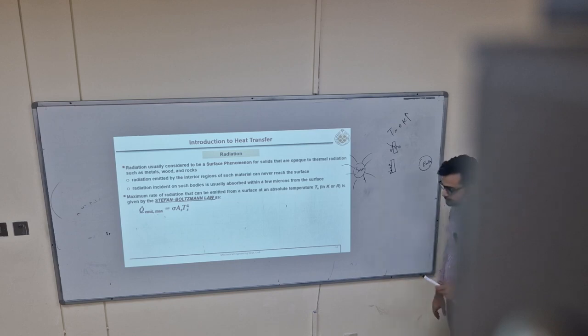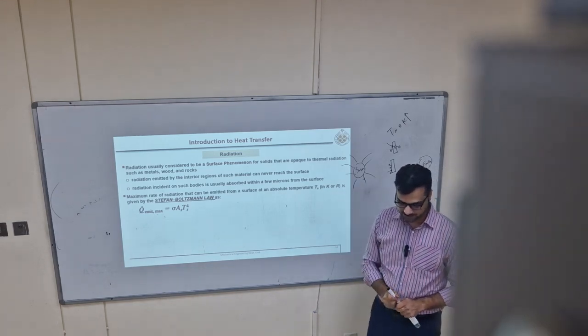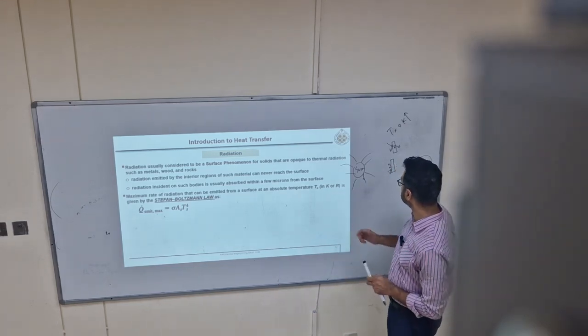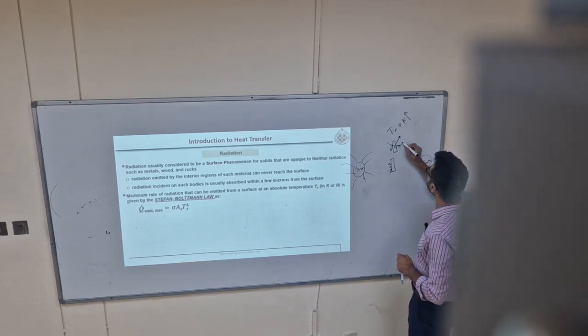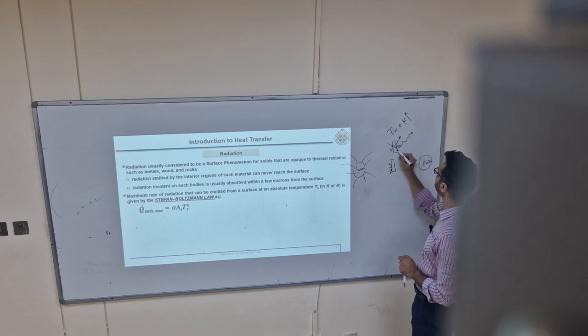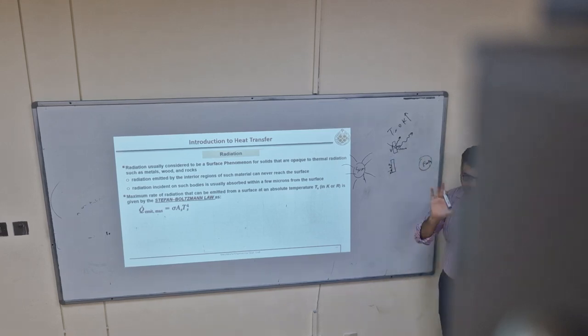And this law is simply written in this form. Actually, it is derived after doing all those integrations over all wavelengths, because radiation is emitted by these surfaces at different wavelengths. Higher wavelengths, smaller, medium, they are emitting in every direction at different wavelengths.